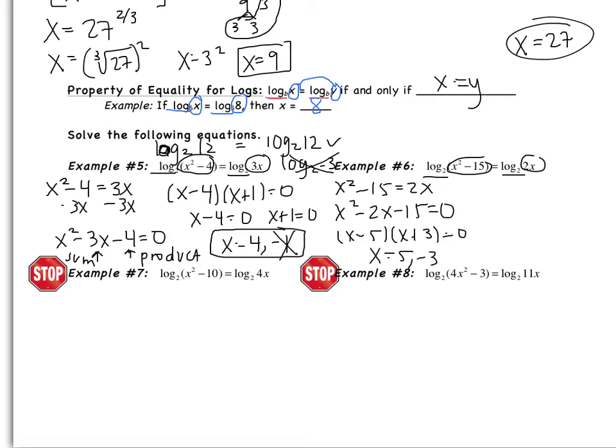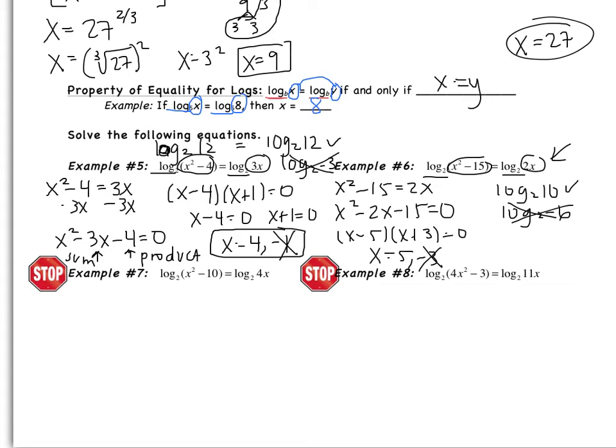I need to make sure both work. As you can probably guess, the negative is the one that we're more concerned about. So I'm going to substitute both into the right side. I get log base 2 of 10 when I substitute in 5, that's good. I get log base 2 of negative 6 when I substitute in negative 3. That does not work. We never take the log of a negative number, or 0 for that matter.